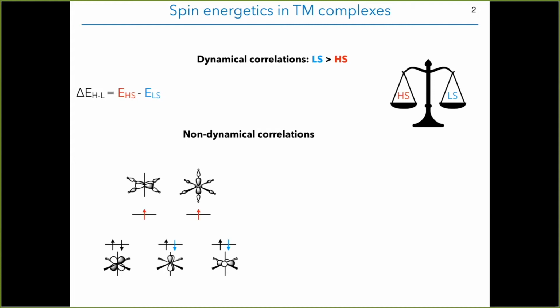In fact, this difficulty stems from the lack of error cancellation when we compute the total energy of spin configurations that exhibit different amounts and types of electronic correlation. More specifically, in the low spin state, we expect a more intense effect of dynamical correlation, because of the higher number of doubly occupied electronic states.